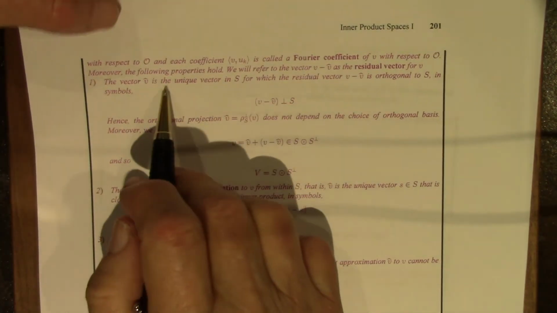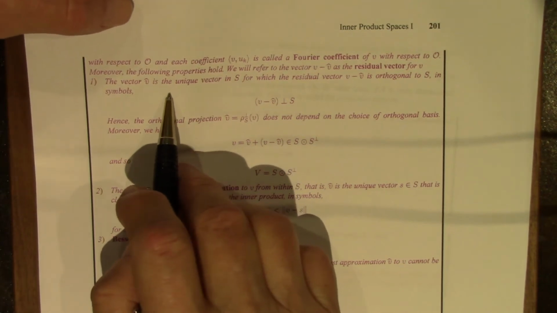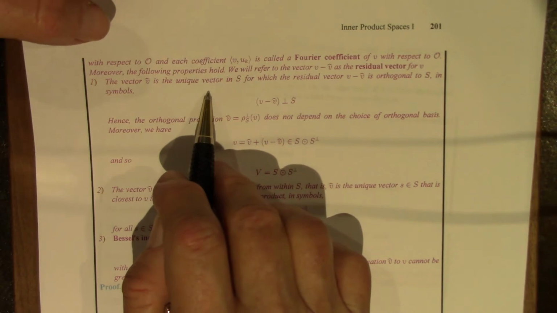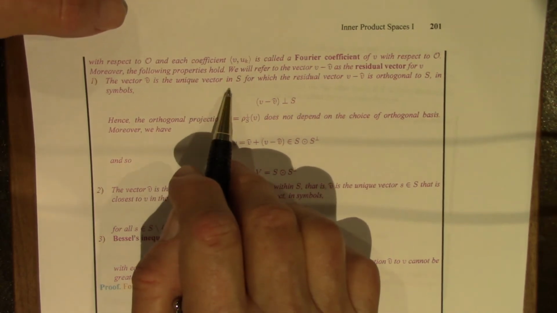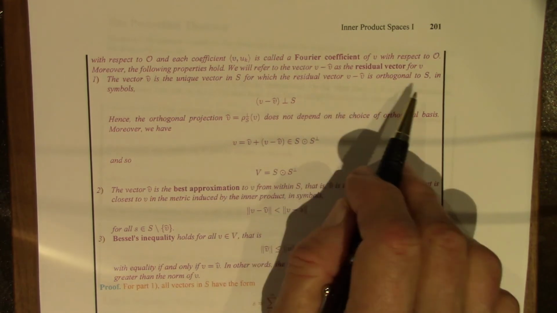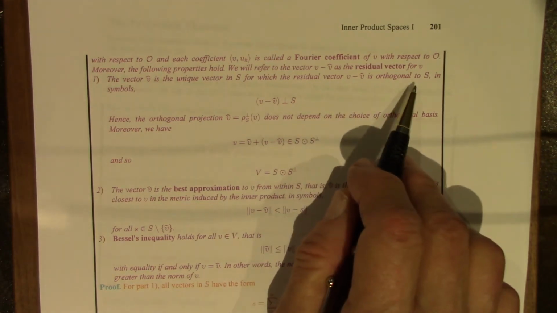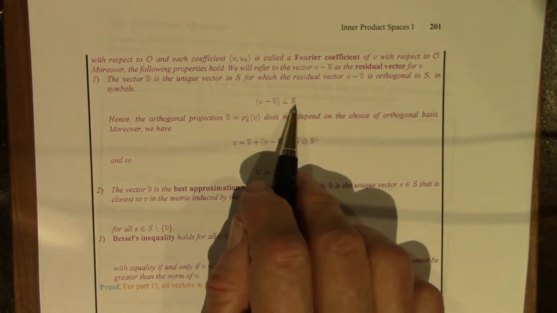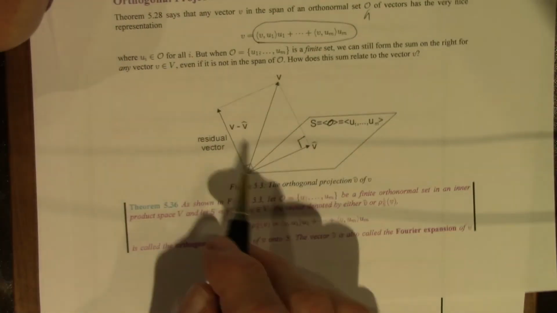V hat is, as you probably guessed, rather important. It is the unique vector in S for which the residual vector is orthogonal to the subspace. So v minus v hat is orthogonal to S, just as this picture would indicate.